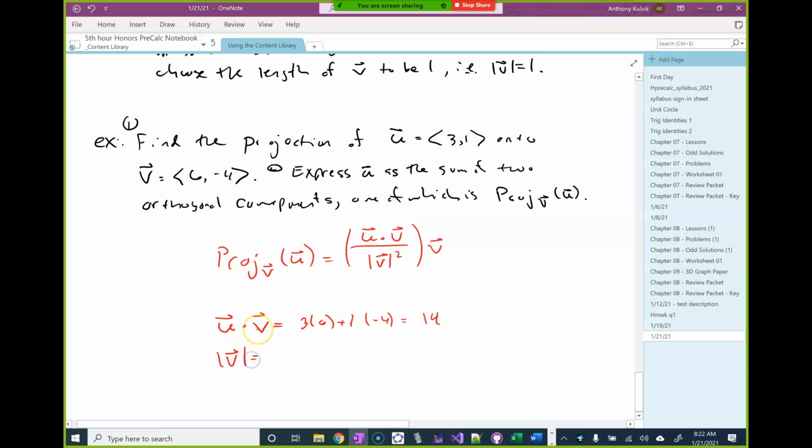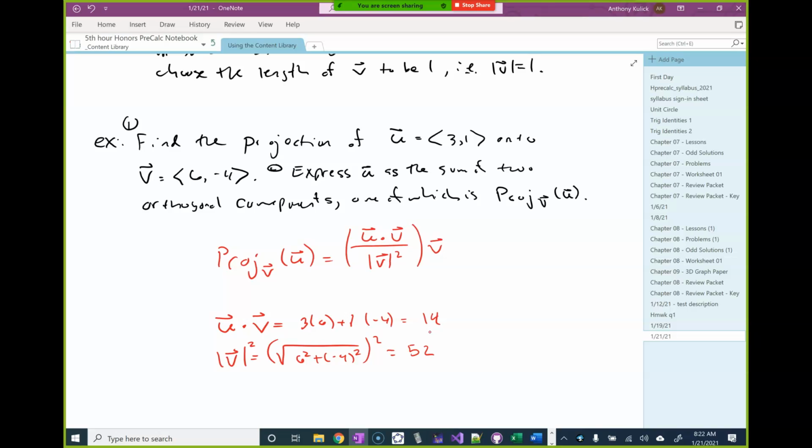The magnitude of v squared is going to be 6 squared plus negative 4 squared, square rooted, but then squared. So 36 and 16 is 52. Everybody so far so good?